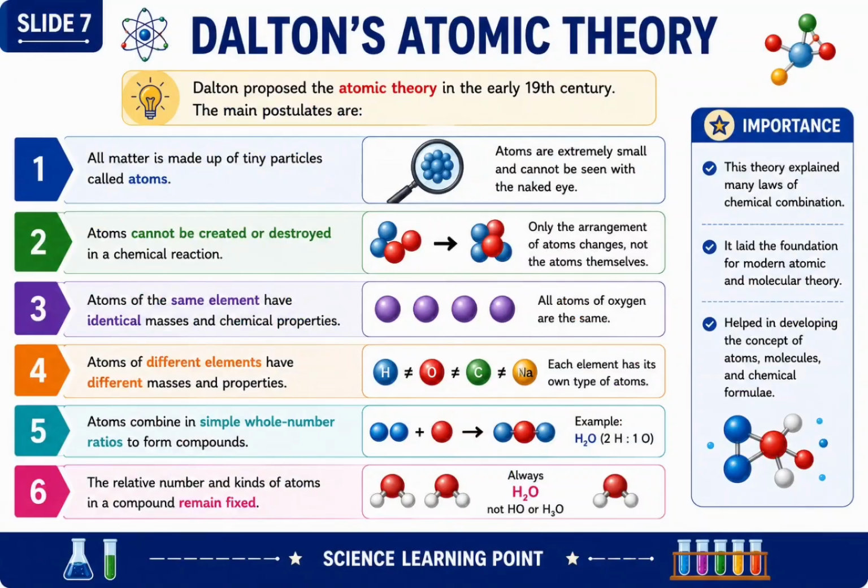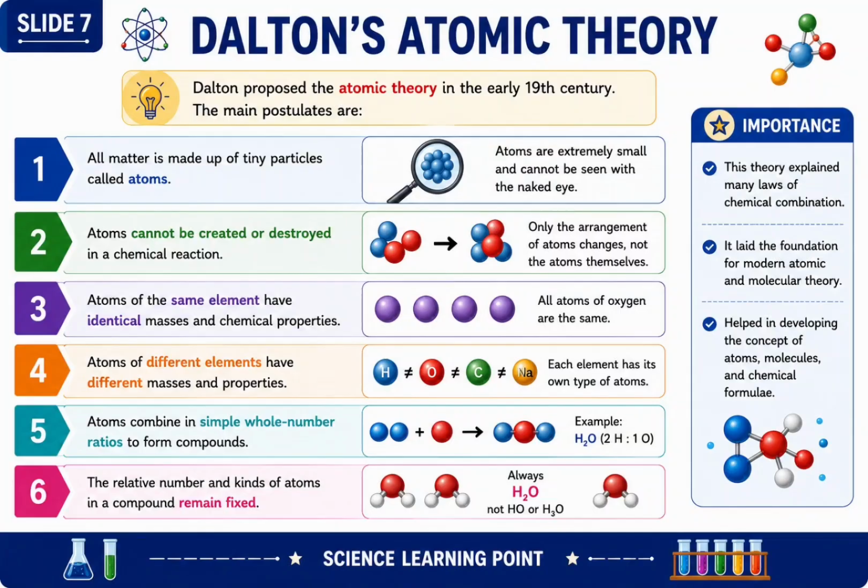That's it. Now let's imagine we are building a house with Lego blocks. A big Lego house is made from many small blocks. Dalton gave a similar idea about matter. He said that all matter is made up of tiny particles called atoms.